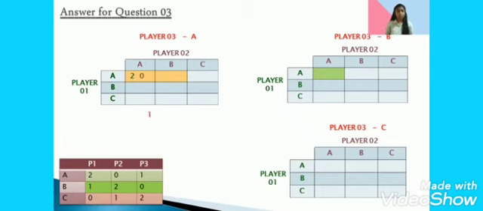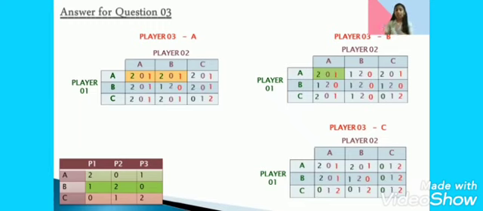In the second situation, player 2 votes for B, player 3 votes for A, and player 1 votes for A. There is a majority for option A again, so A will be selected finally, and 2, 0, 1 will be the payoff again.